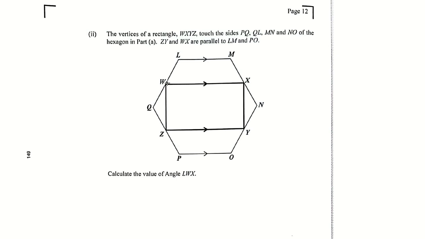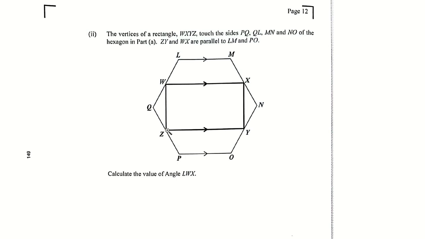The vertices of W, X, Y, Z touch on PQ, QL, NO, and MN of the hexagon in part A. ZY and WX are parallel to LM.